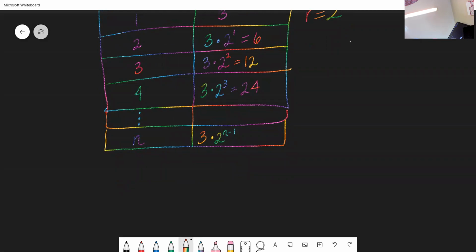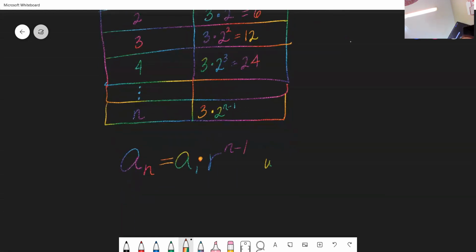So the explicit formula for a geometric sequence is the term at any position n equals the first term in the sequence times the ratio with the exponent equal to the previous term, n minus 1. I'll put a little multiplication in there because with all these exponents, it can get a little confusing.